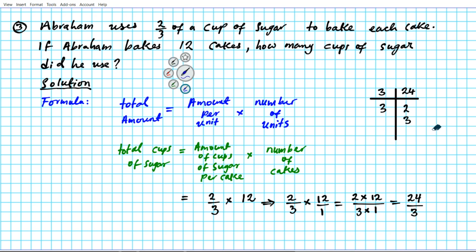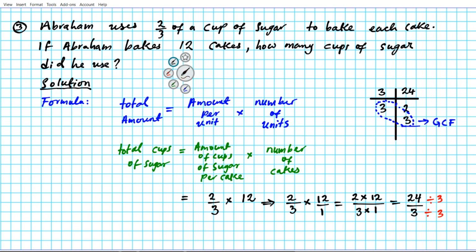You don't need to go bigger than 3, because any number bigger than 3 cannot be a factor of 3. So what are the common factors these two numbers have? 1 and 3. The greatest common factor is 3. To simplify 24/3, we divide the numerator and the denominator by this greatest common factor, which is 3.